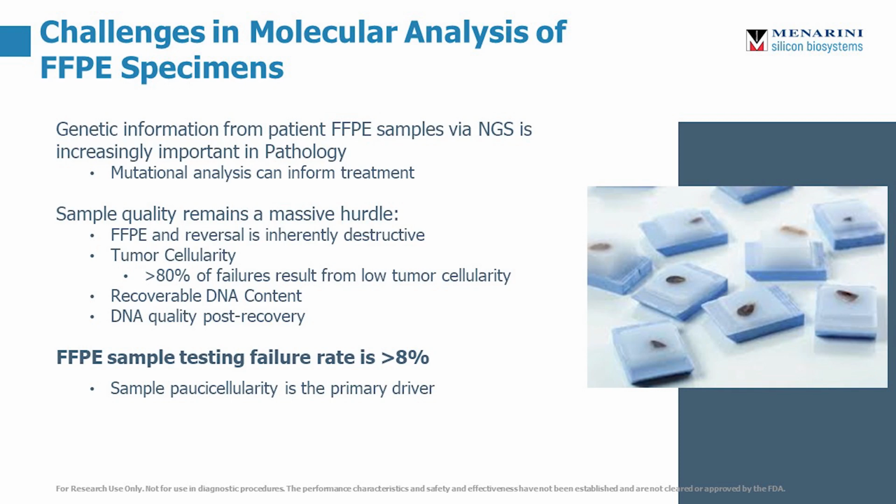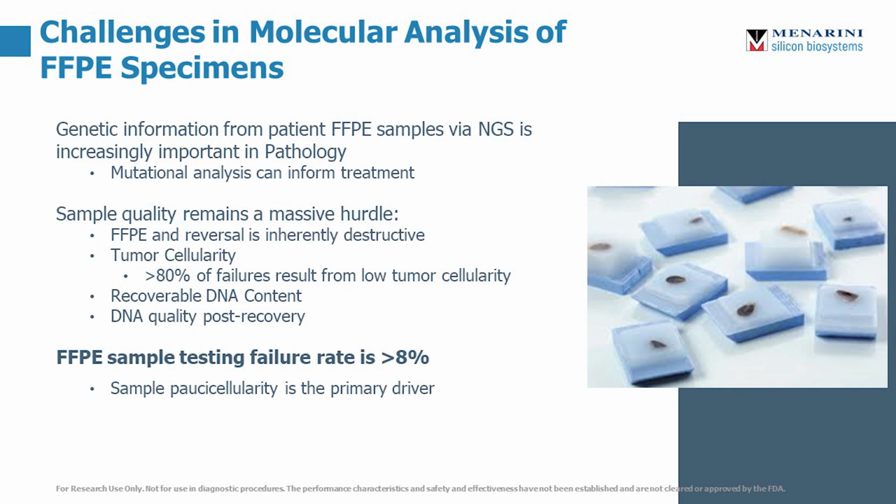Over 80% of the failures in this molecular analysis come from the fact that the sample has just too low a percentage of tumor cells to get you meaningful information about the genetic aberrations in the cancer. As we talked about, the inherent destructive problems with FFPE preparation and deparaffinization, decross-linking, recoverable DNA content and quality is also very difficult and needs to be monitored and can lead to failures too.